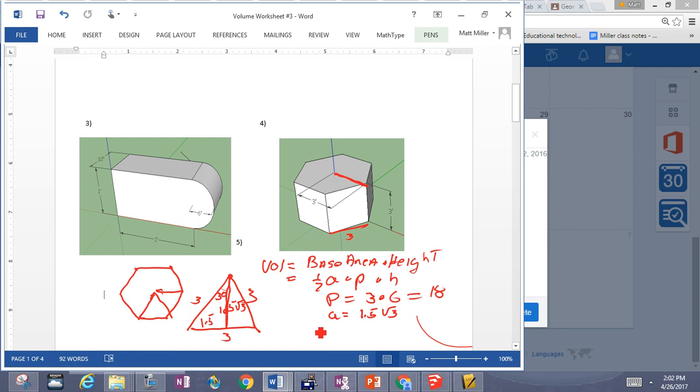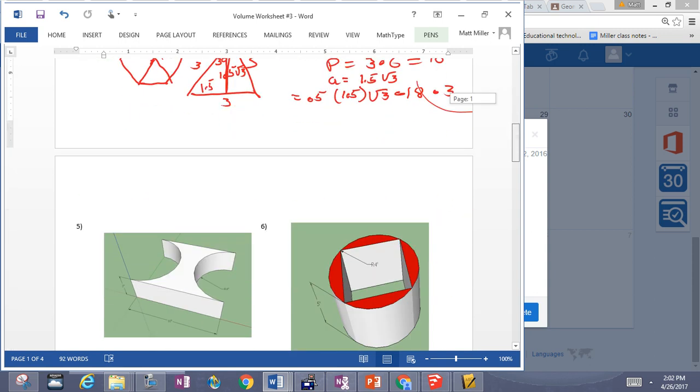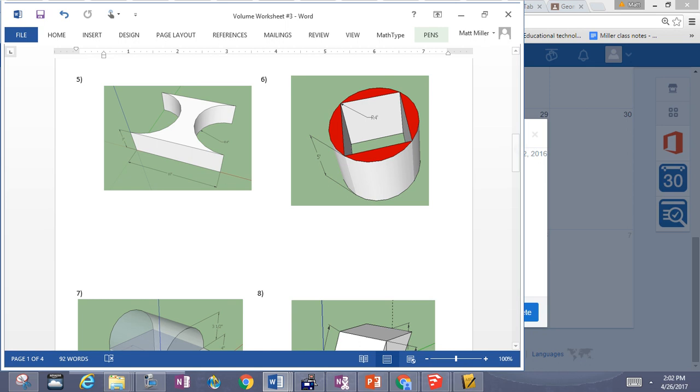So I have the volume: 0.5, that's the 1/2, times the apothem 1.5 times the square root of 3, times the perimeter, which is 18, times the height, which is 3. So all you have to do is multiply those all out, and you have the volume of that.